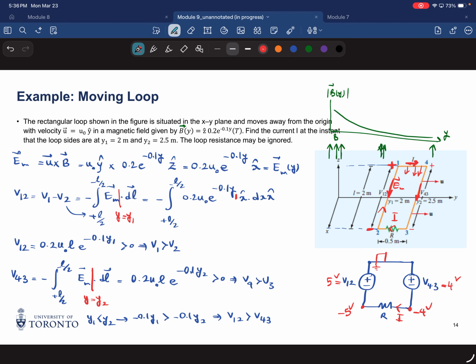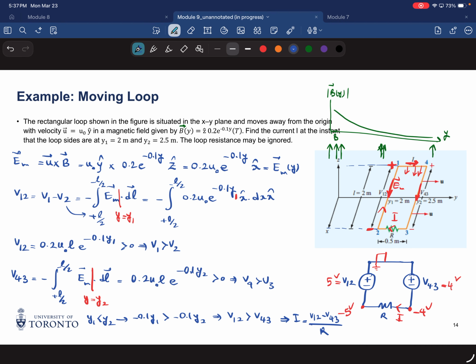So now if I want to find I here, what should I do? Go ahead. Is it V12 minus V43 divided by R? Exactly. So here we can say I is V12 minus V43 over R, the difference between the voltage sources over R. Does it make sense?